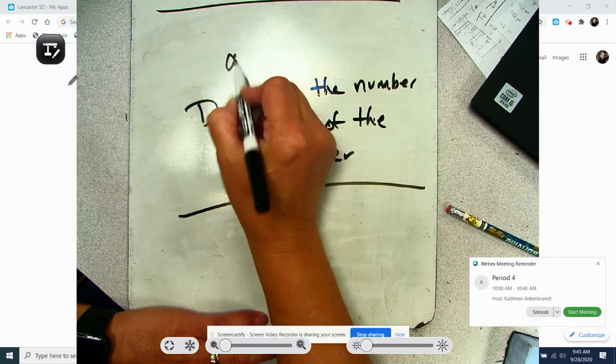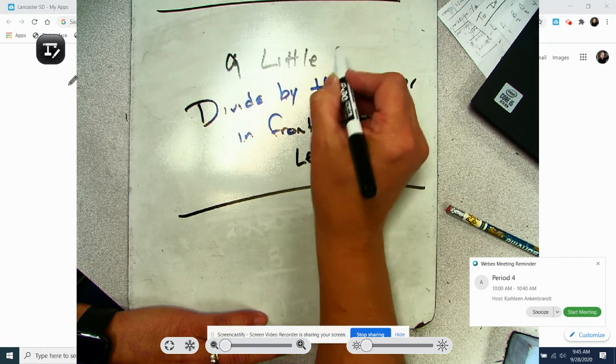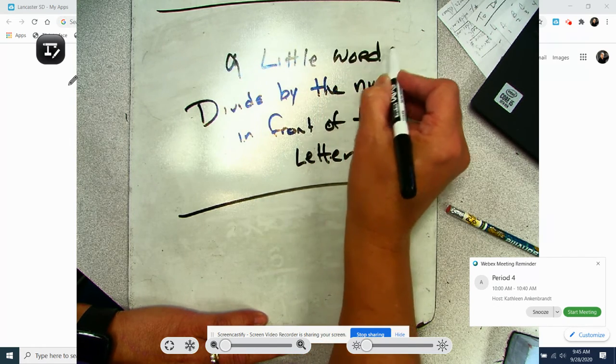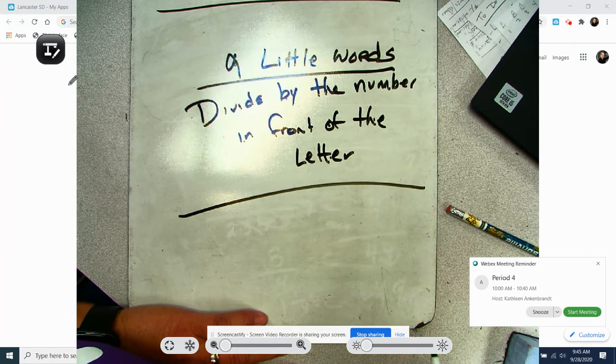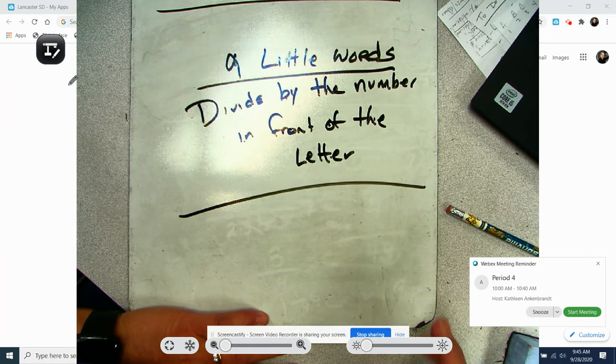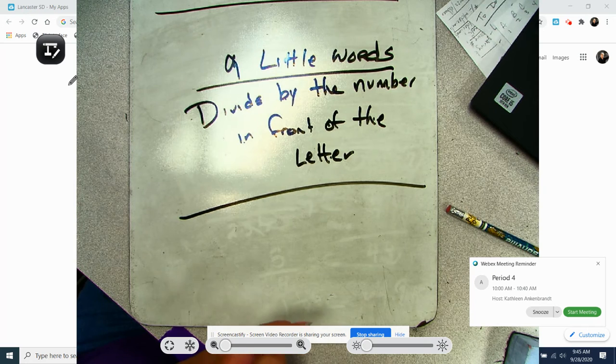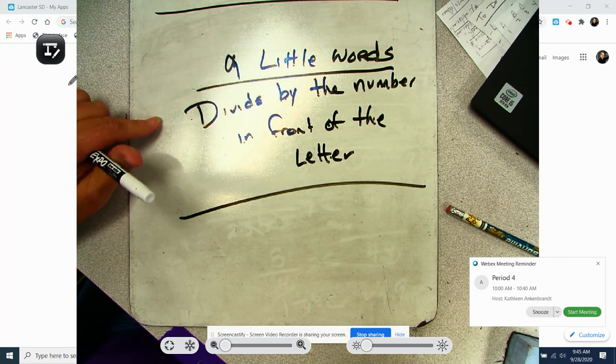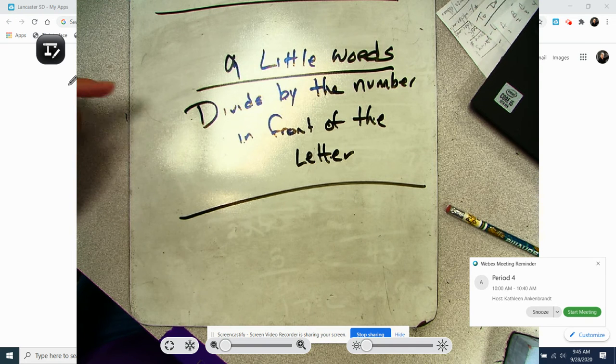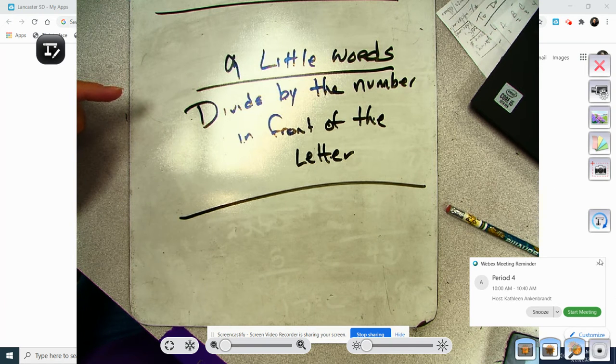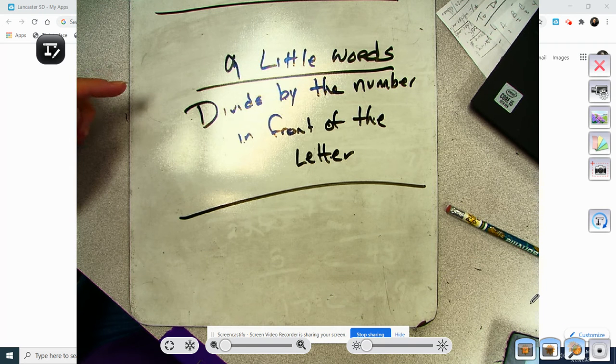These are the 9 little words. When I tell you to solve a problem using the 9 little words, you need to know what those 9 little words are. Divide by the number in front of the letter. We're going to say it so many times, it's going to become a song in your head. But it is a very, very important 9 little words, okay? Divide by the number in front of the letter.